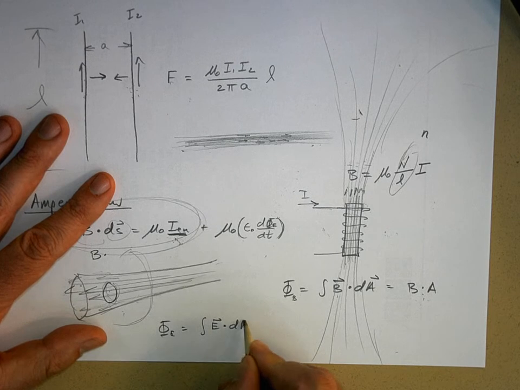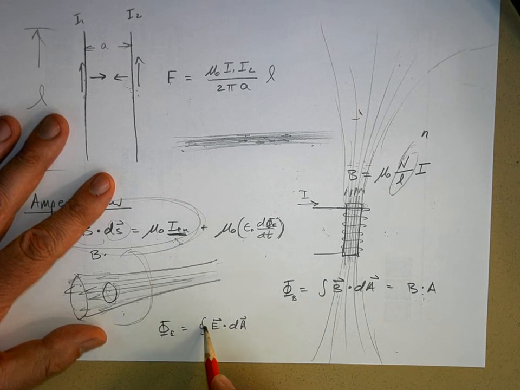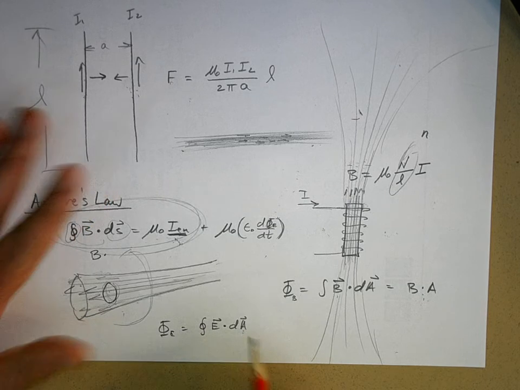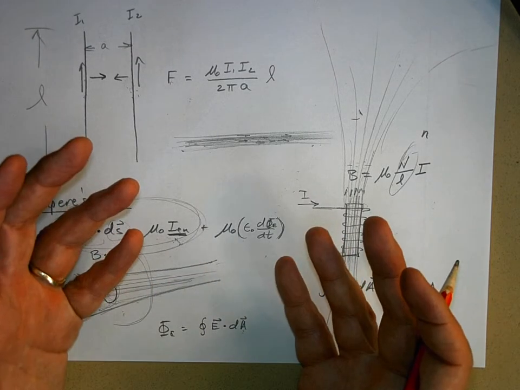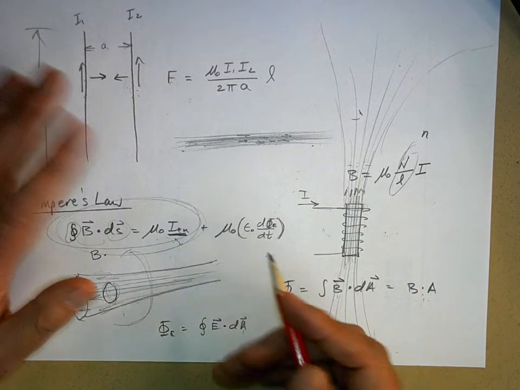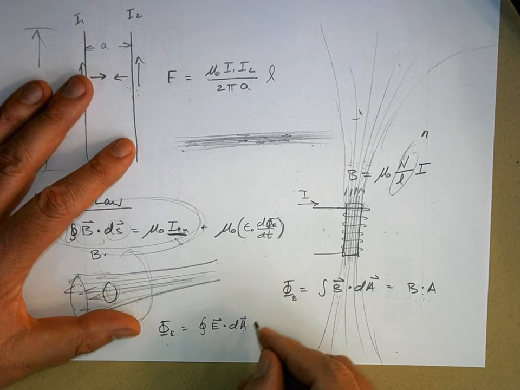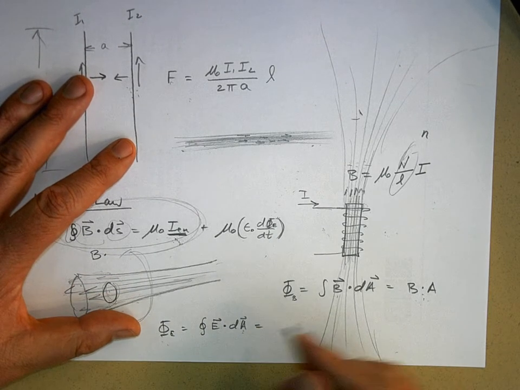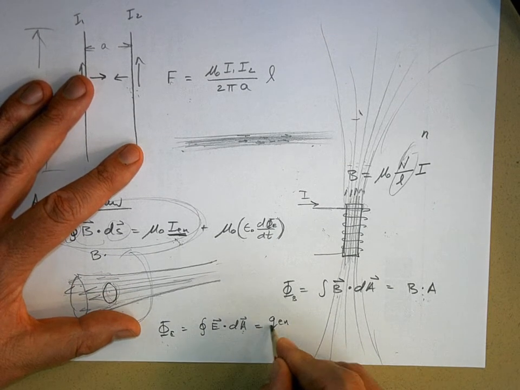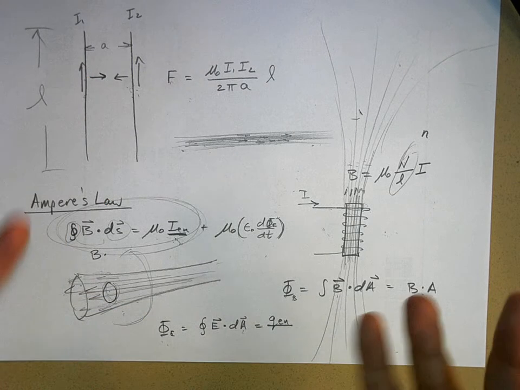If we enclosed a volume, the net flux coming out of that closed surface is equal to the charge enclosed divided by epsilon naught.